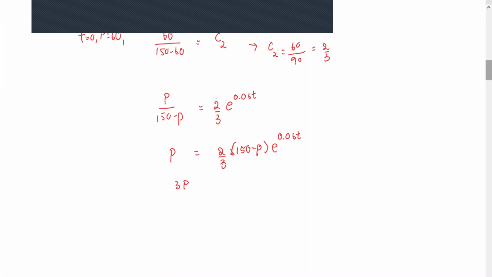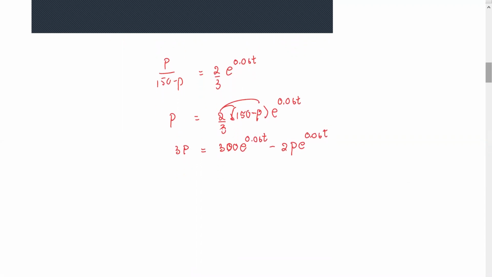So 3P equals, distributing the 2, 300 times e to the 0.06 t minus 2 times P times e to the 0.06 t.